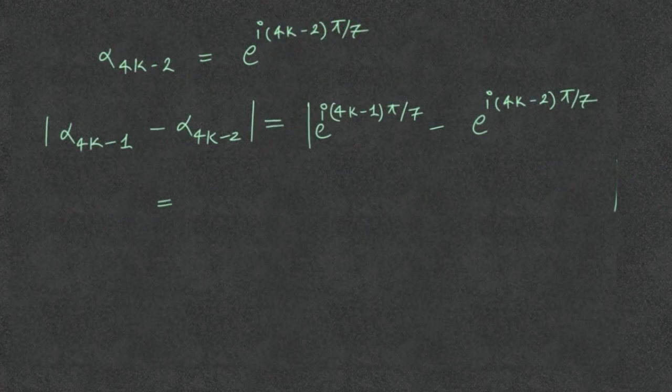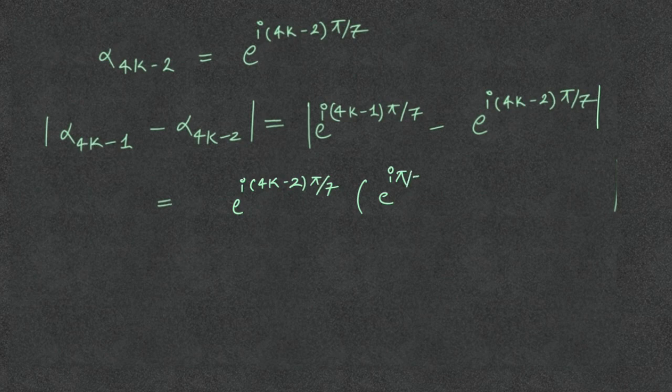Now take common, so we get mod of e to the power iota 4k minus 2 into pi by 7 into e to the power iota pi by 7 minus 1.